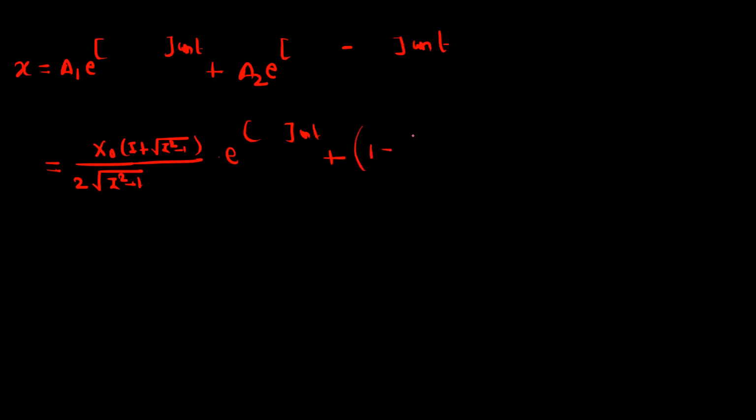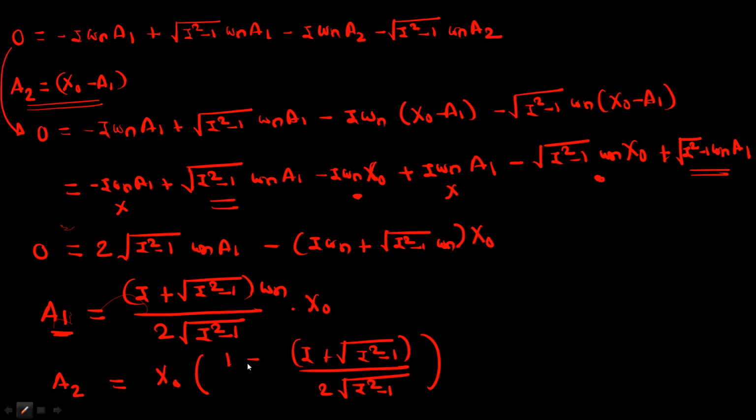So this is 1 minus that, x0. We should take this x0 common for a2. It's 1 minus zeta plus square root of zeta square minus 1.